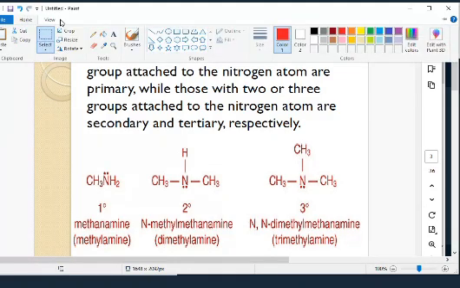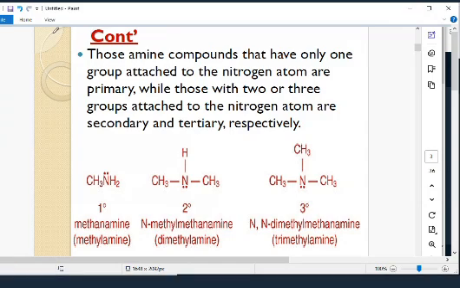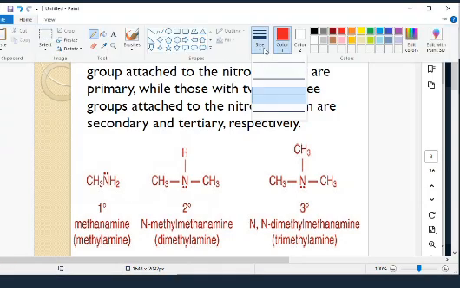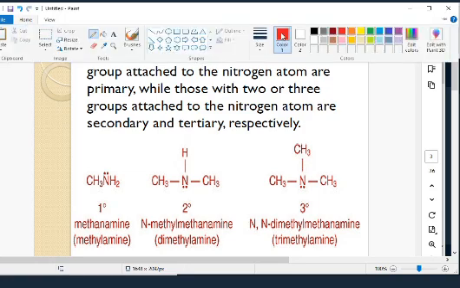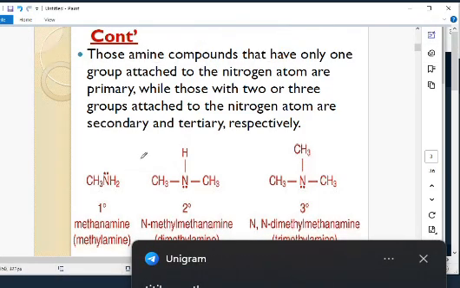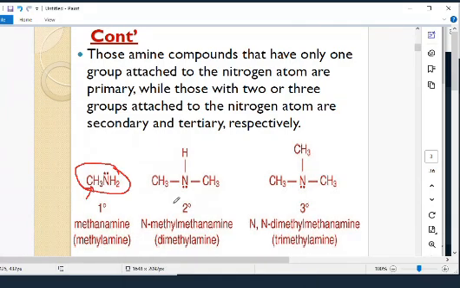If you look at this particular one here, you can see there is 1 carbon containing group.